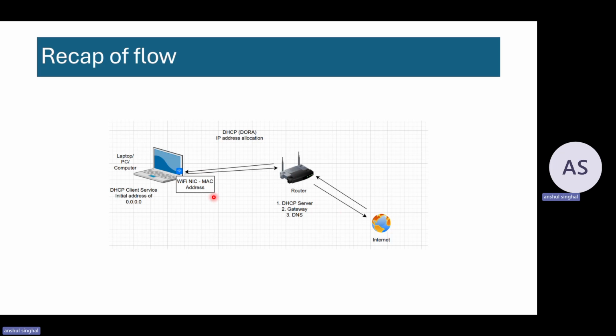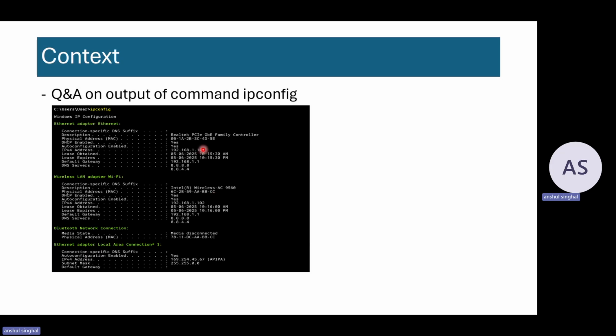And just before going through those Q&As, we can go back to this screenshot here for how the response looks when we type ipconfig with the /all command. You can see here that while executing this ipconfig command, in the output we get different details for each network interface card.